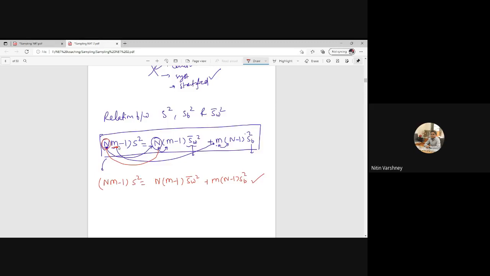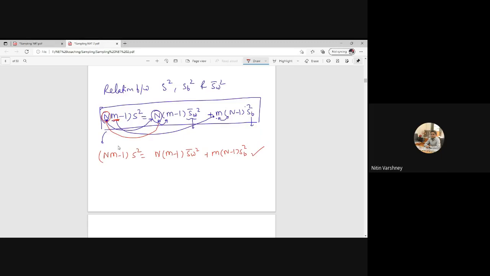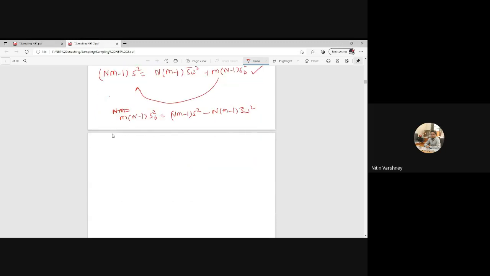So now I can say here also that if I take this side, m n minus 1 S b square is equal to nm minus 1 S square minus n into m minus 1 S bar w square. Okay, so see now with this relation also, suppose this S bar w square is increasing. What does this mean?